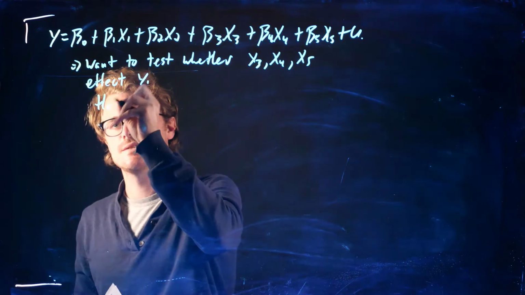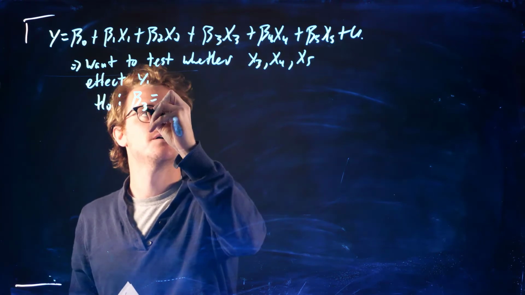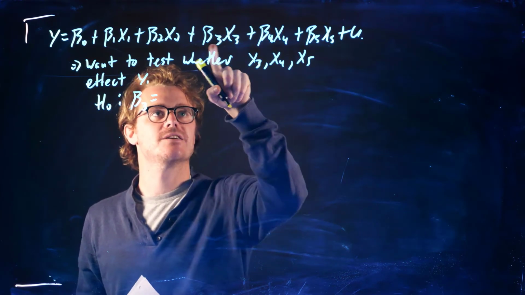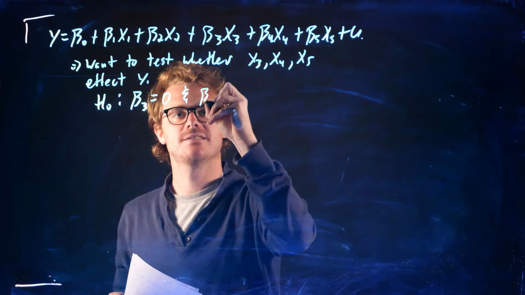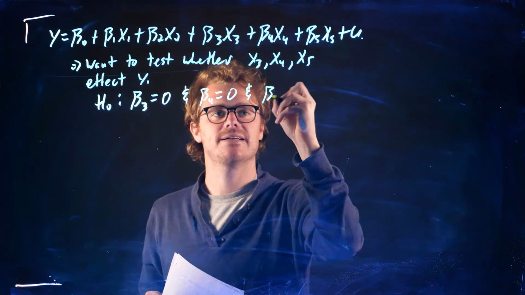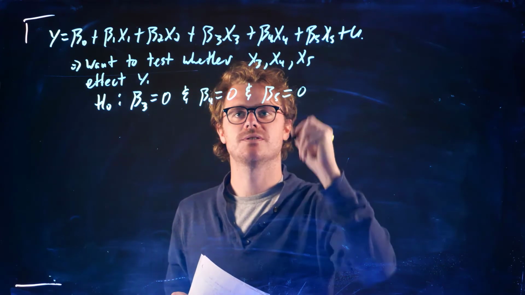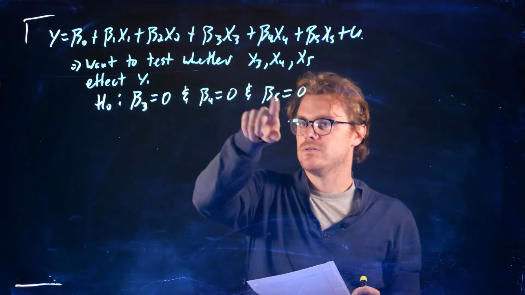So in essence, our null hypothesis is beta 3, the effect of x3 on y, equals 0, and beta 4 equals 0, so the effect of x4 equals 0, and beta 5 equals 0. So they all equal 0.